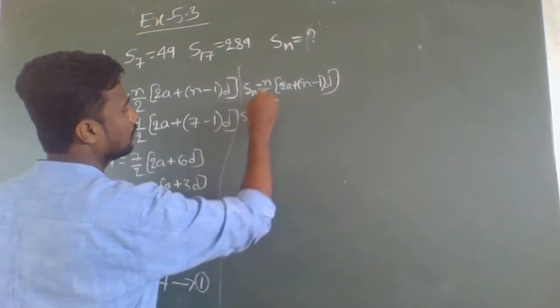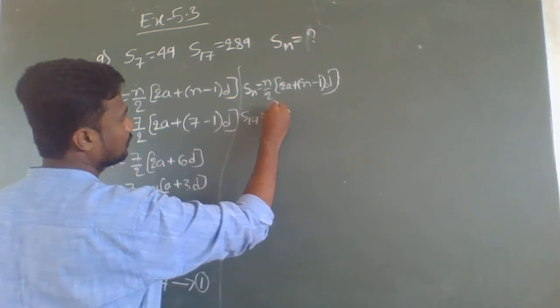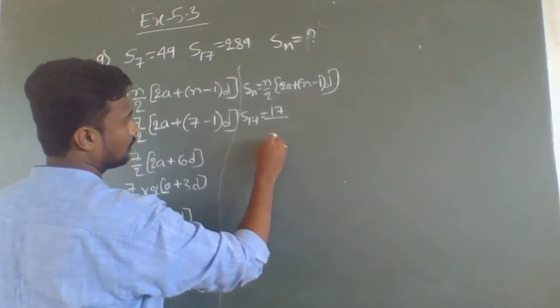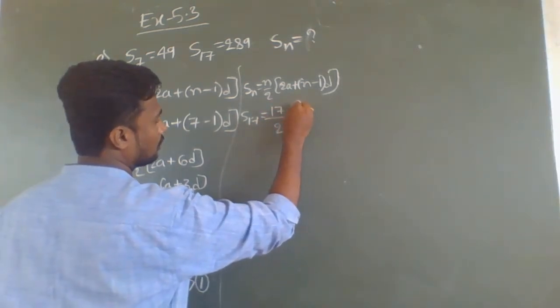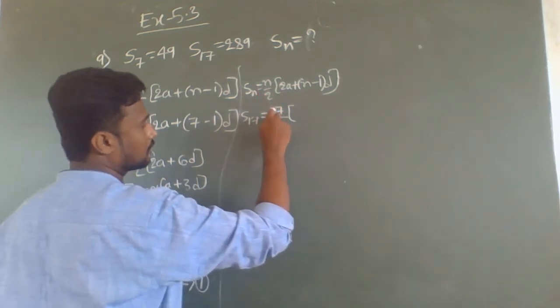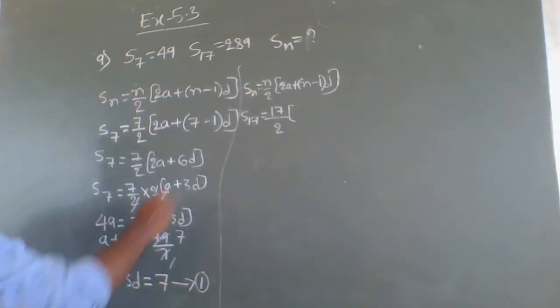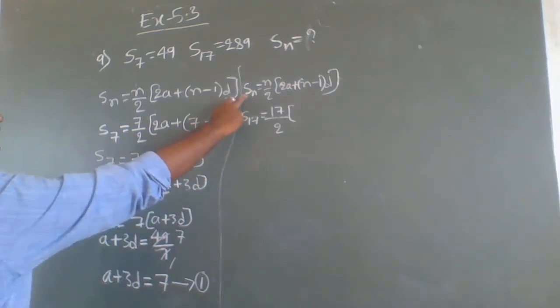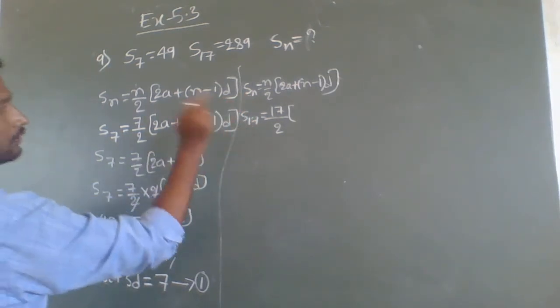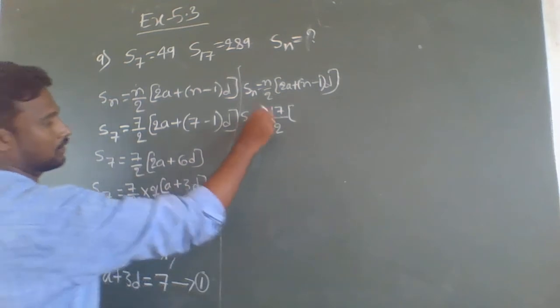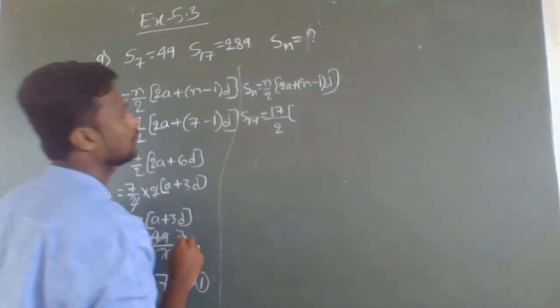So what is the n value now? 17 divided by 2. Why do I consider 17 as the n value? Because I considered S17 as the Sn value, therefore the n value is 17 only.